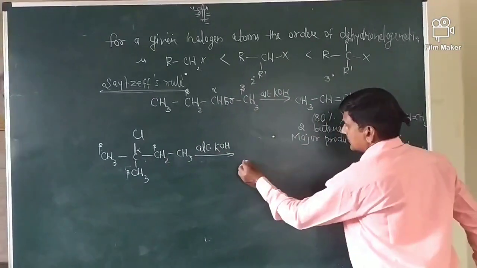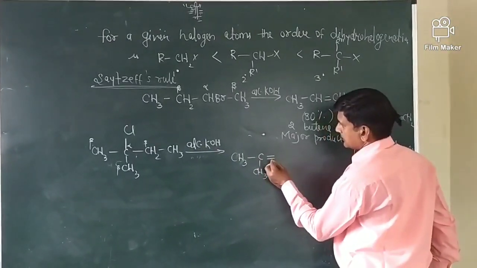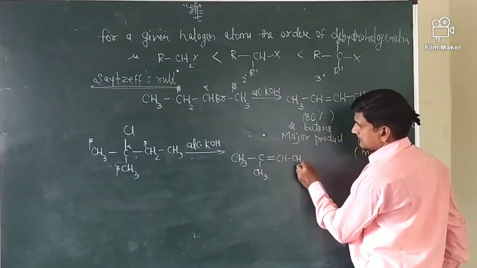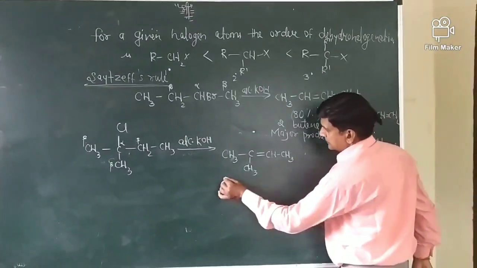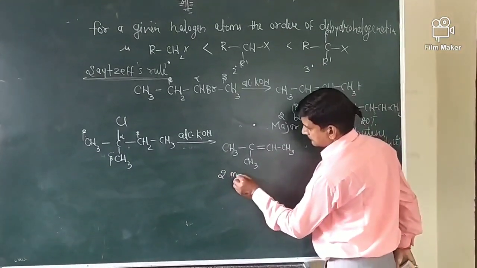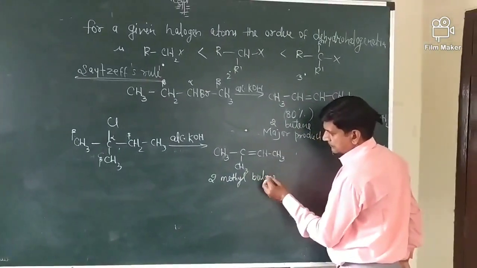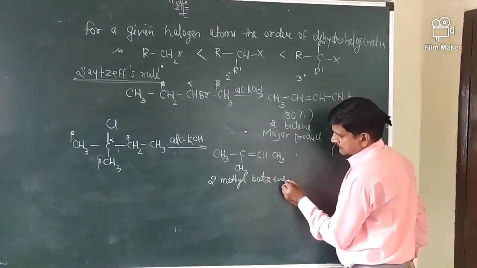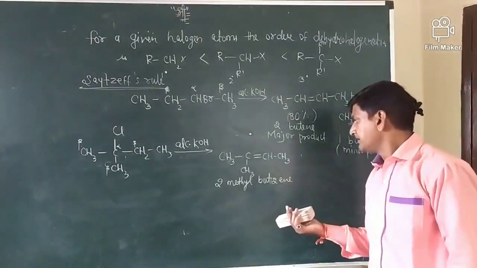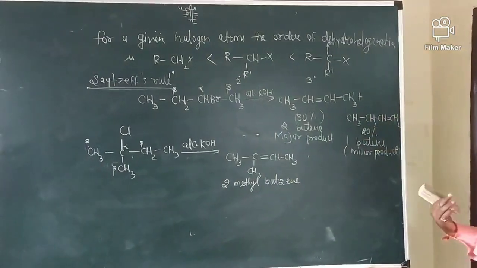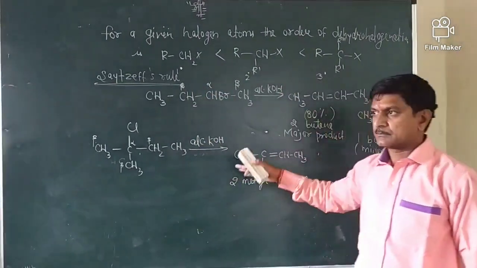It will form CH3C(CH3)=CHCH3, named 2-methyl butene, the major product. A small quantity of 2-methyl butene is also formed. So this is the example of Saytzeff rule.